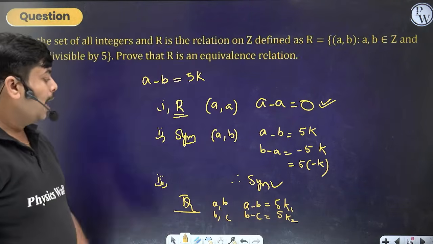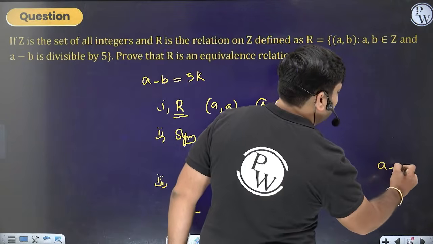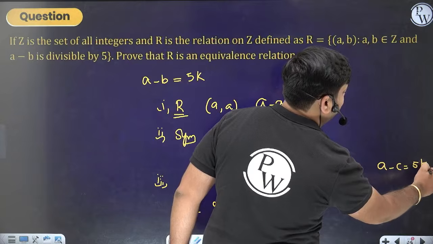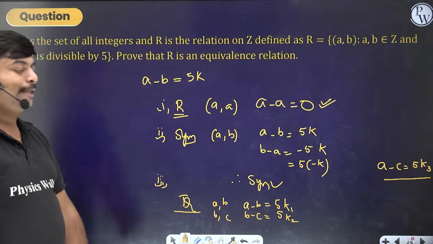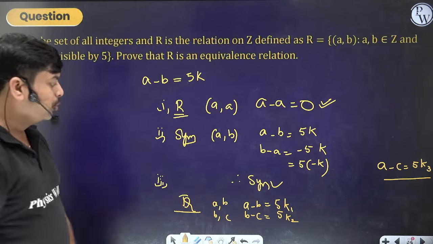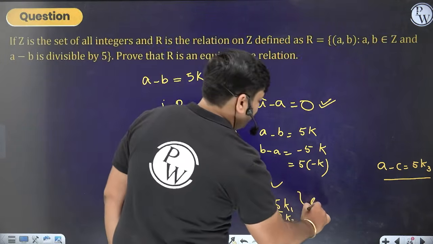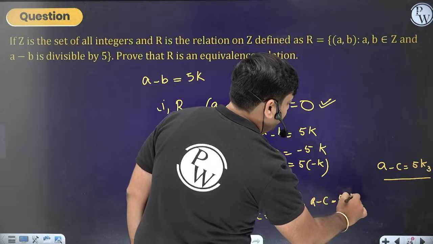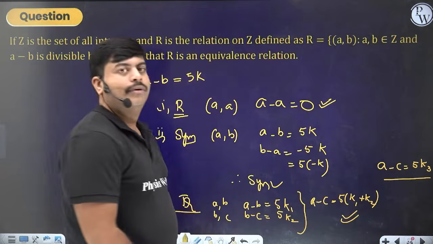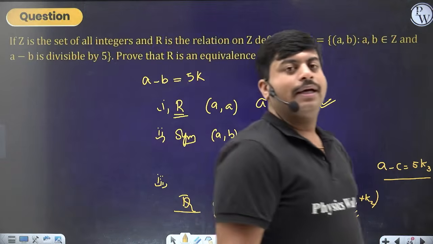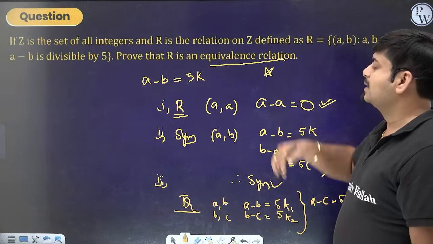Now using this, you need to show that a minus c is a multiple of 5. How do you get a minus c? Just add these two. Minus b and plus b get cancelled. So you'll get a minus c equal to 5 times of k1 plus k2. And yes, you can say that it is a multiple of 5. It is enough to prove that it is an equivalence relation.